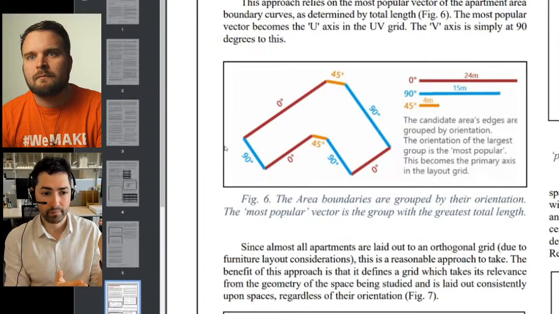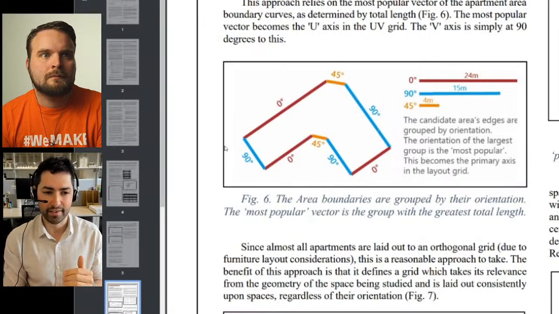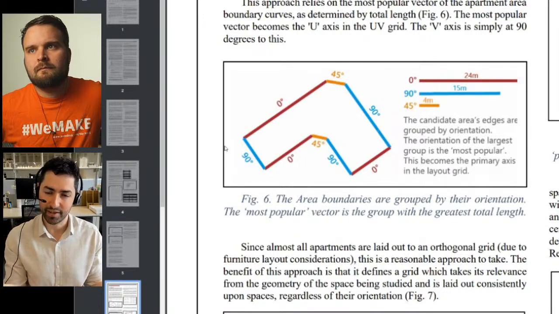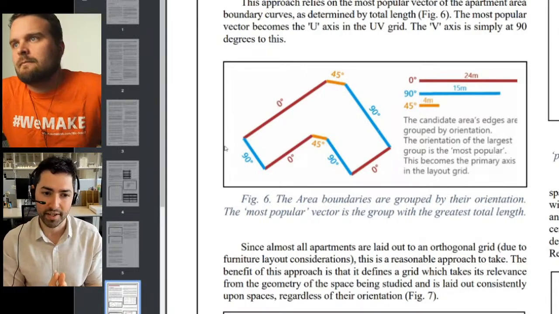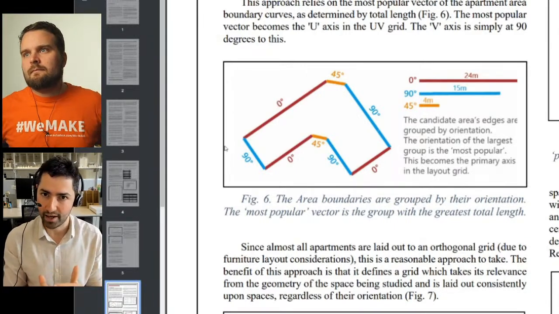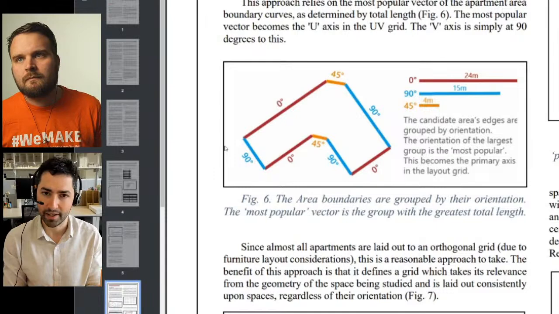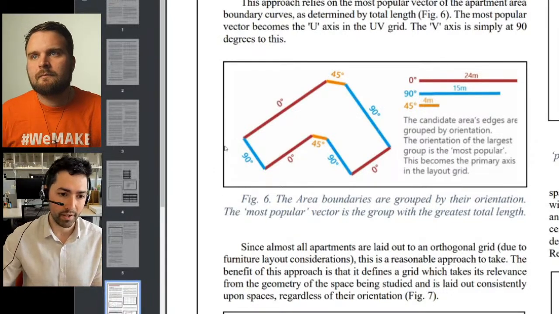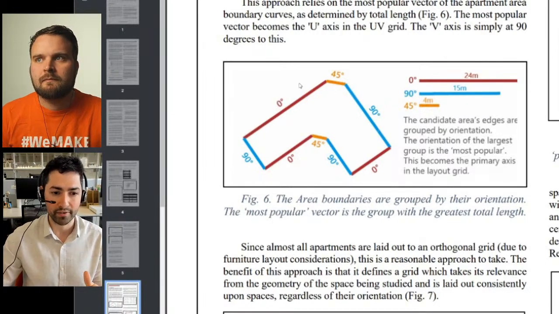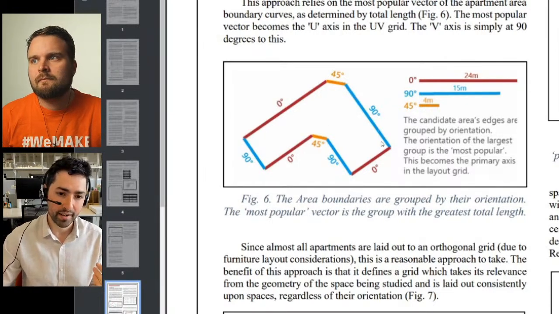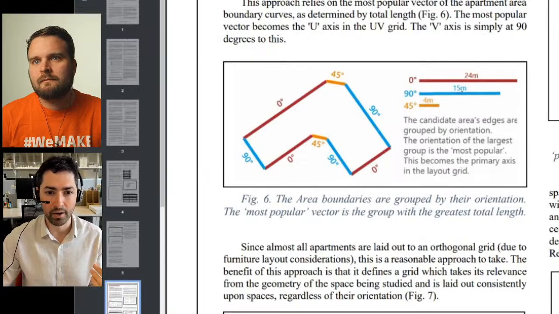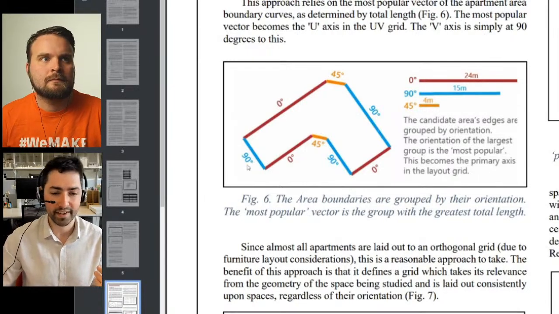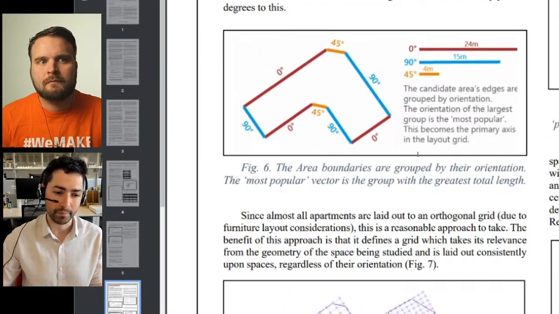I group all those lines together and say, okay, longest line, that's the dominant vector. That becomes the basis for laying out my rectangular grid, and then the other grid line is simply going at 90 degrees to that. In this example, I've got a little L-shaped apartment, and the dominant vector is the 0 degrees, which is the red, because that has the longest overall length of 24 meters. So that's how I'm going to start.